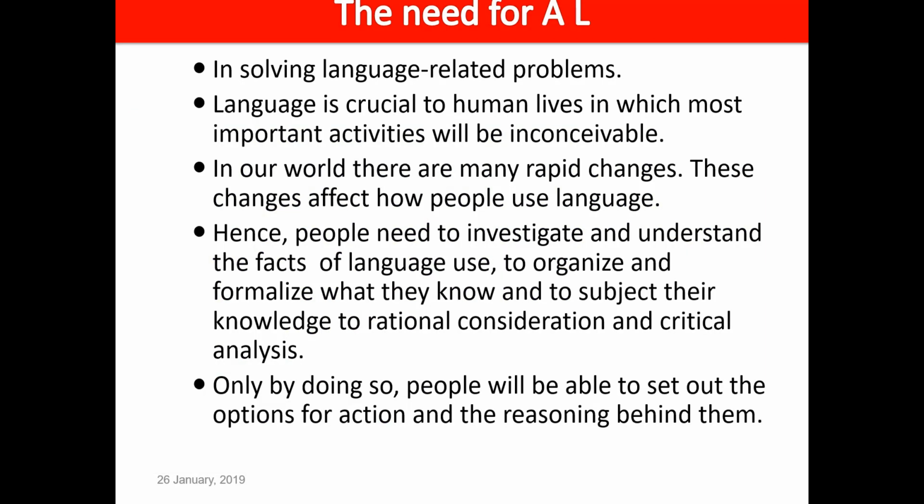When we talk about the need for applied linguistics in solving language-related problems, language is a crucial component. People need to investigate and understand the facts of language use, organize them formally, and apply rational consideration and critical analysis. Only by doing so will people be able to set out the options for action and the reasoning behind them.